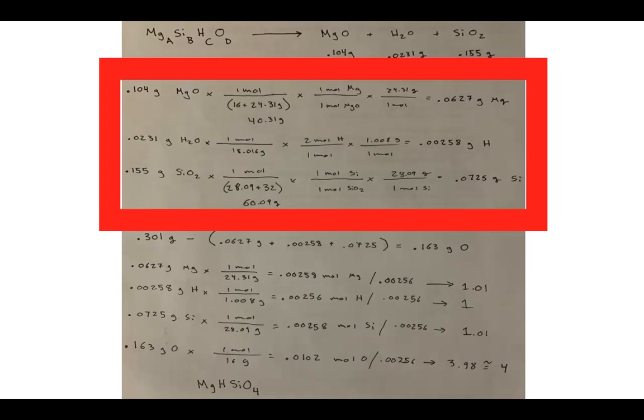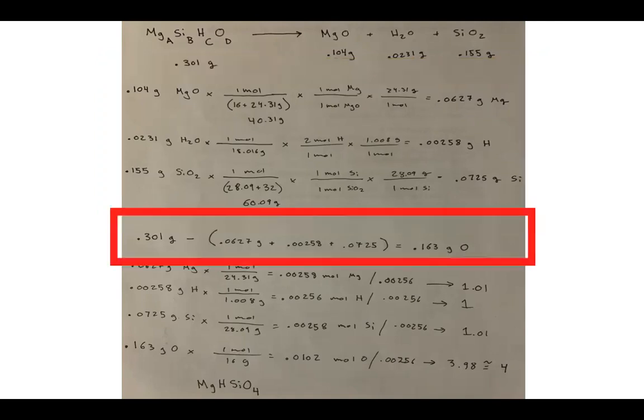Okay. Now the second step, which is the same as in the combustion reactions, was to solve for the mass of oxygen by taking the mass of our overall compound, which was 0.301 grams, and subtracting the mass of each element that we just found. So again, 0.301 grams represents the mass of magnesium, silicon, hydrogen, and oxygen in the original compound.